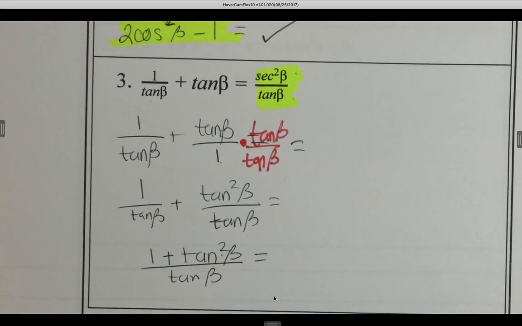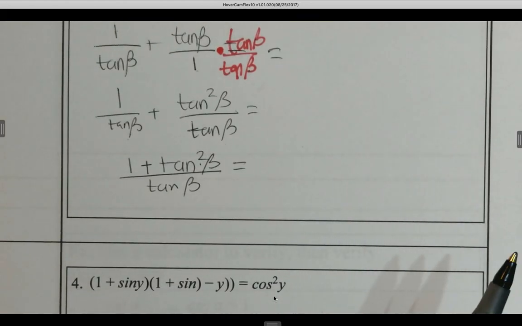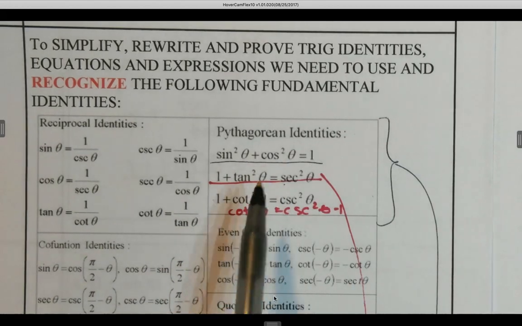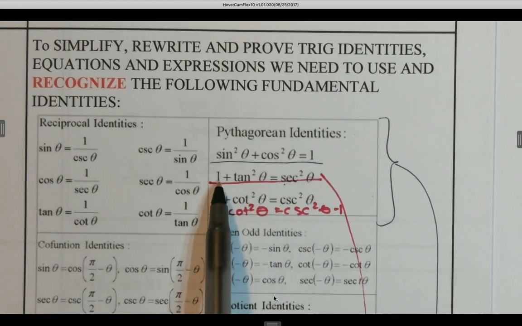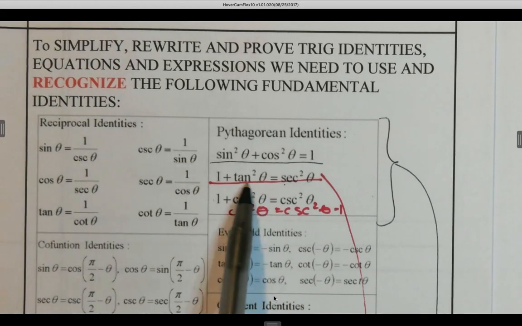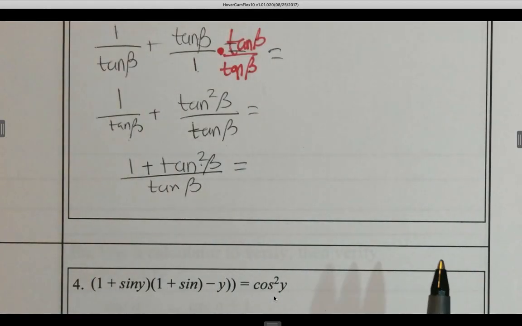1 plus tan squared. How can I rewrite that? Because it's tan squared, I'm going to look at my identities and say, what identity involves tangent squared? The second Pythagorean identity here. 1 plus tan squared equals secant squared. So that's exactly what I'm going to use. I'm going to replace it with secant squared since they're equivalent.